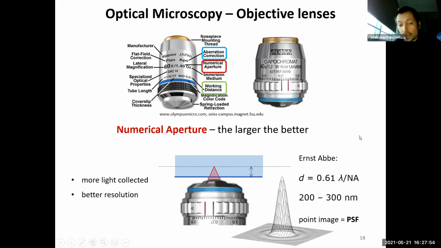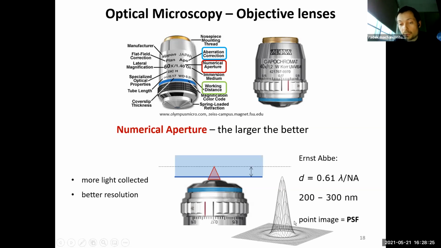Another way of looking at it, the resolution is related to the point spread function, which is basically what would be the image of a single point. If I have a single point source of light, and I image it with my objective, then the image will be broadened.